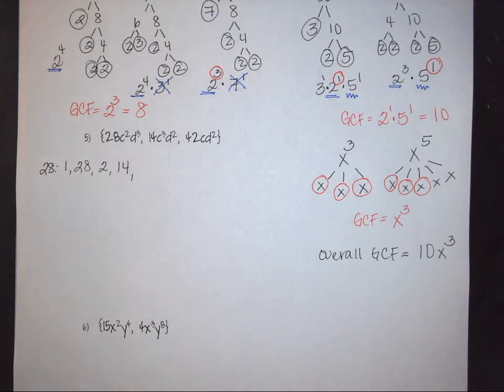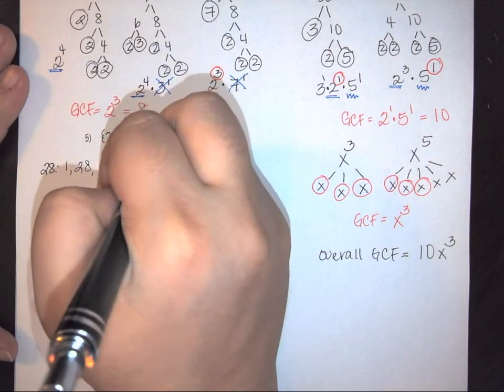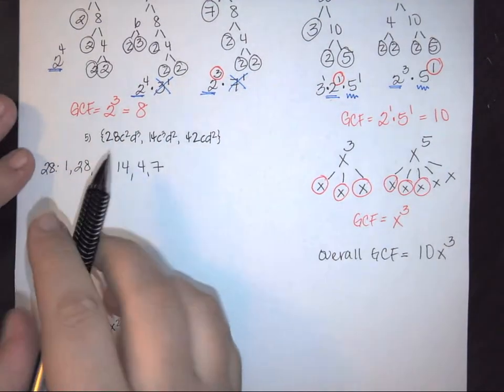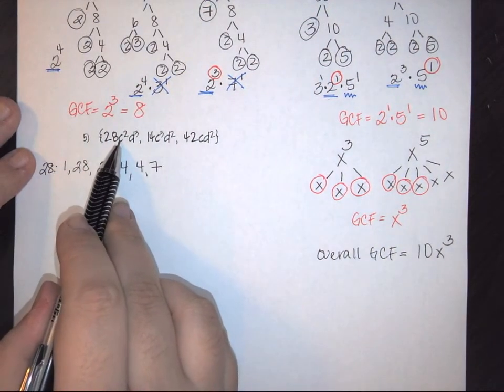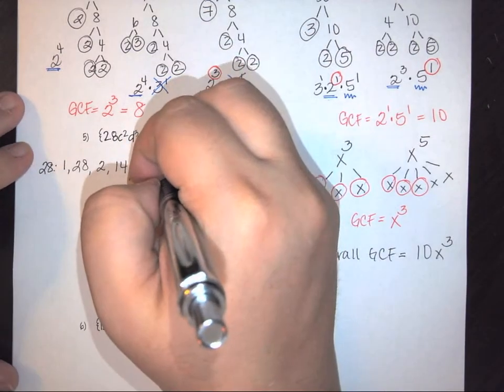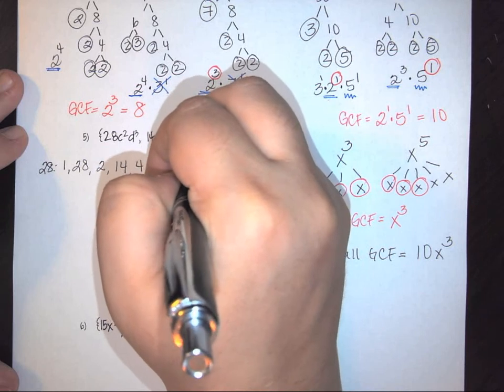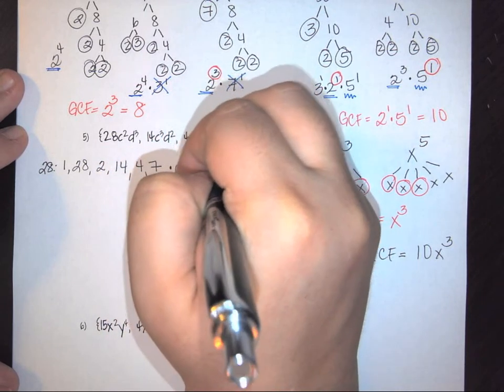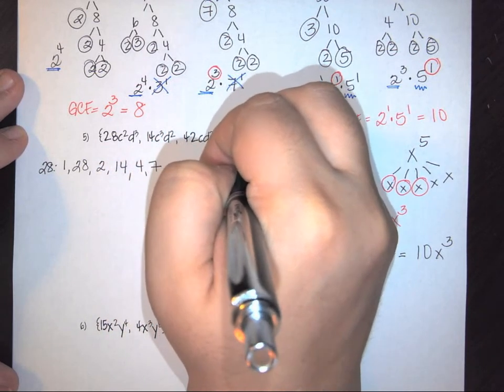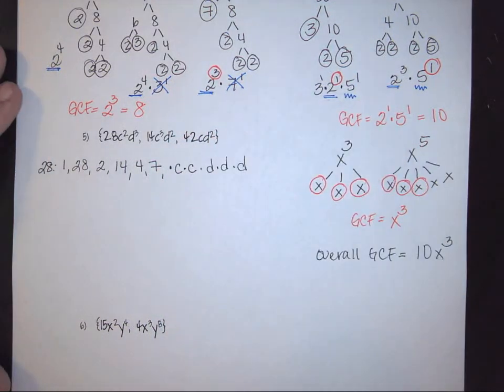And then last but not least, I'm going to have 4 and 7. But then I also have c squared and d to the third. So then this would also include c times c, and then d, d, d.